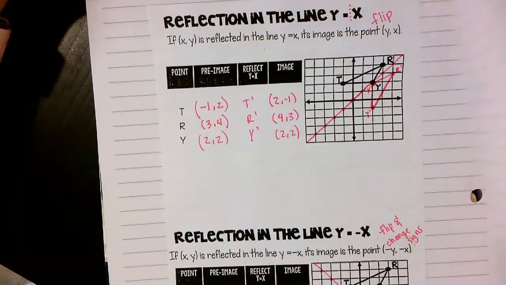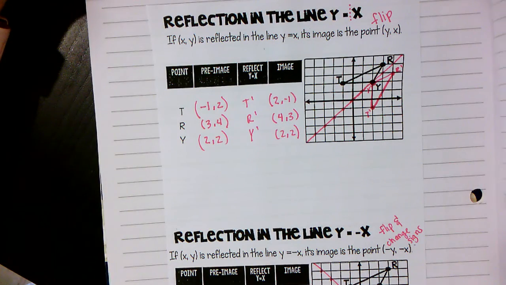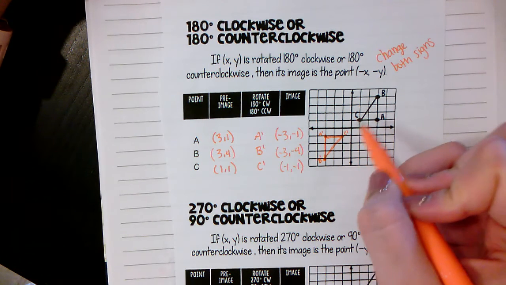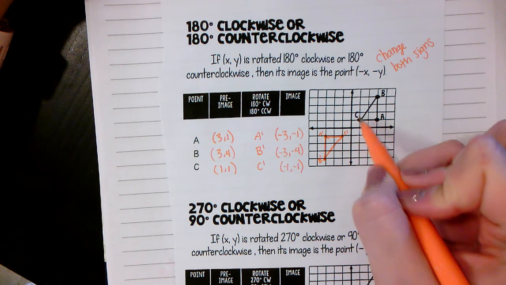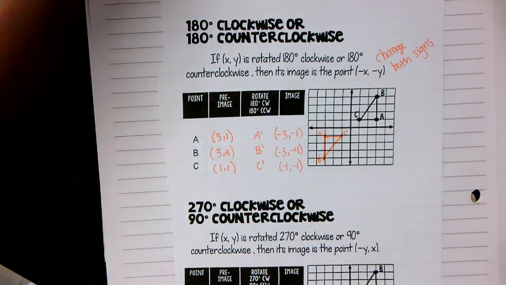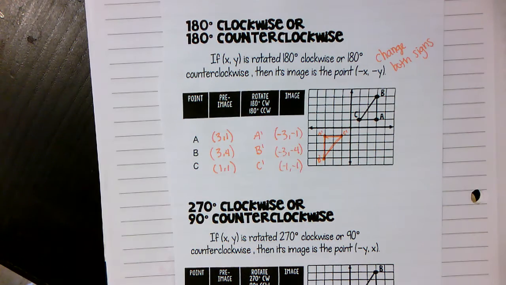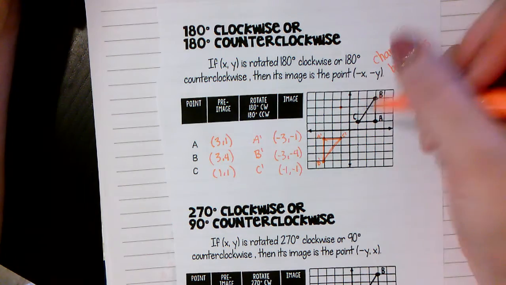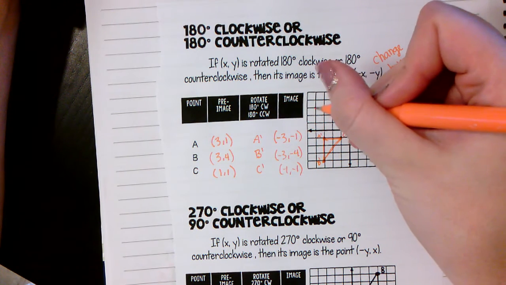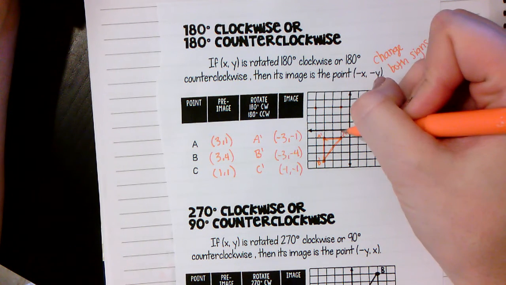Let's see here. (y, -x). Y is 1. -4, 3, -1.